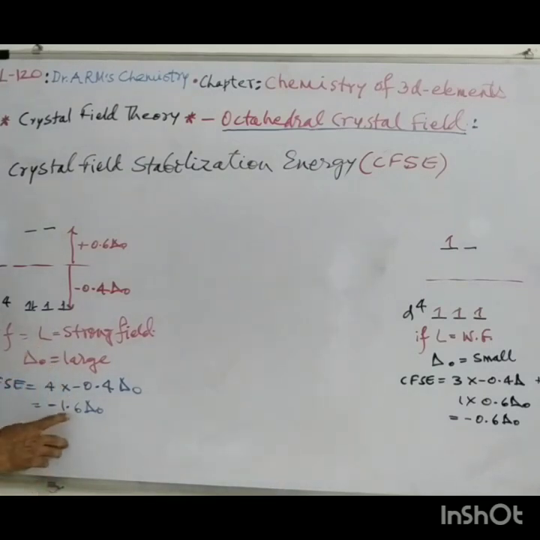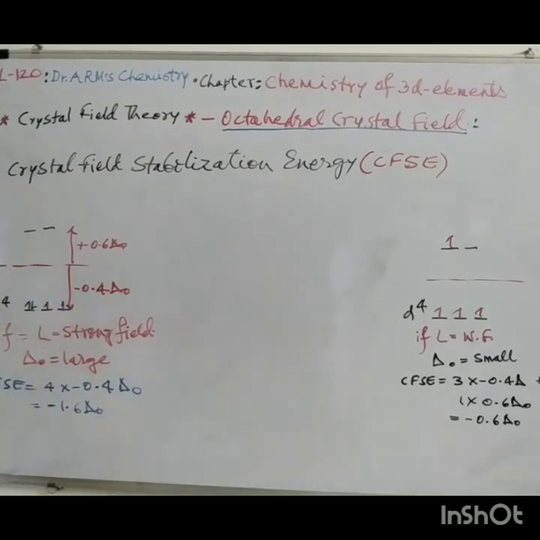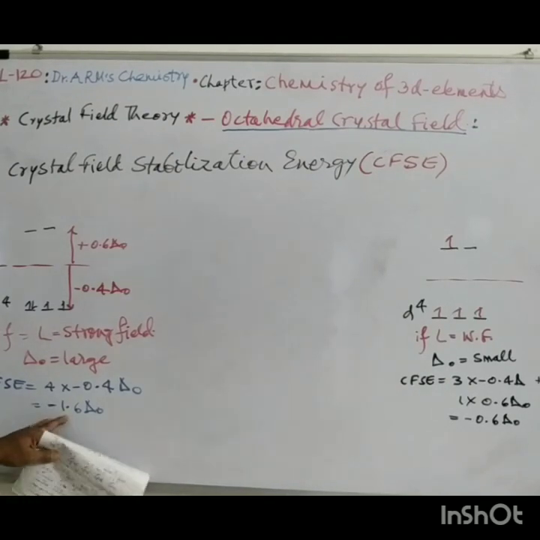You will find that the value of CFSE is very small here. Minus means lowering of energy. The complex is more stabilized when it gives out energy, so this much amount of energy is given out. That is, the energy of this t2g is lower.